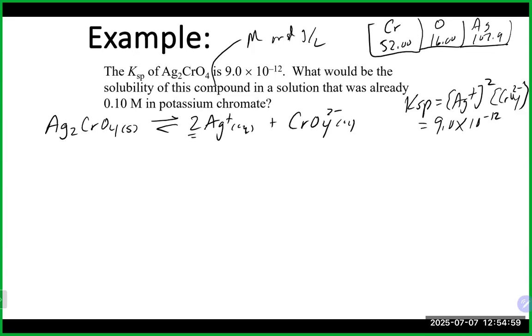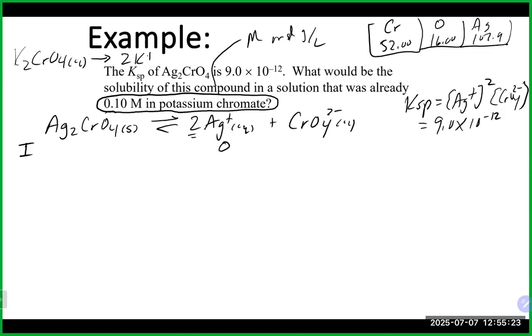Going to do our ICE table here. Initially, we have 0 here, but we are not in water in this case. We are in a solution that does contain 0.1 molar potassium chromate. Potassium is +1, chromate's -2, so that is potassium chromate right there. That is a salt that's going to completely break apart into a couple of potassiums and one chromate.